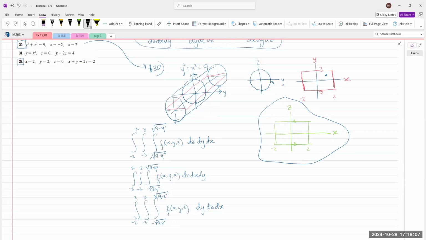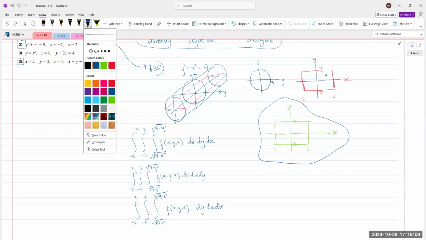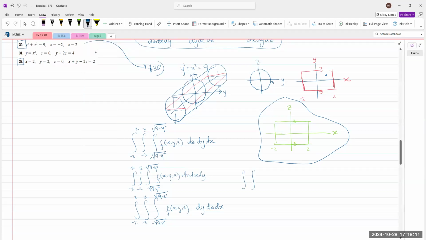Using the same notion, triple integral of f x y z of dy dx dz.